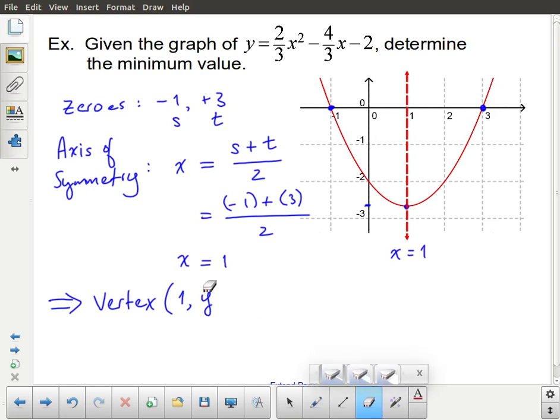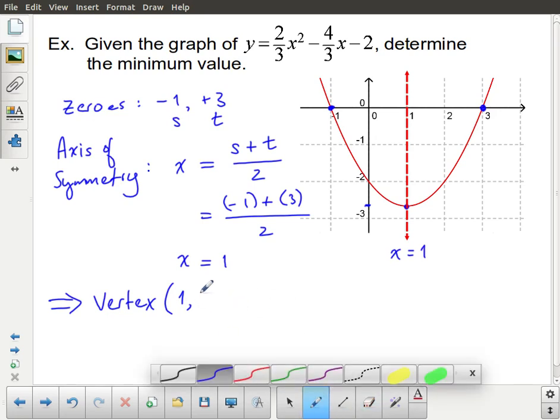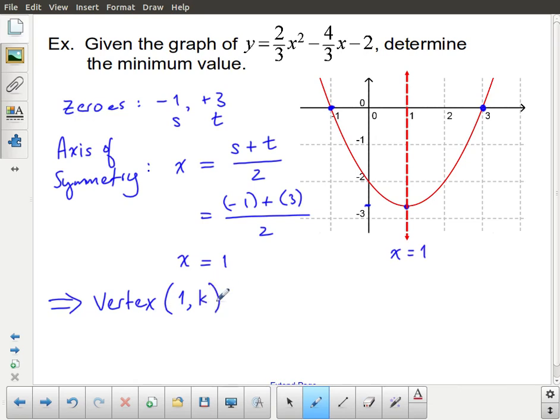Since we normally represent a vertex using h and k, I'll just go ahead and use the k value there. So the thing we want to do from here is use this x value to find the y value.